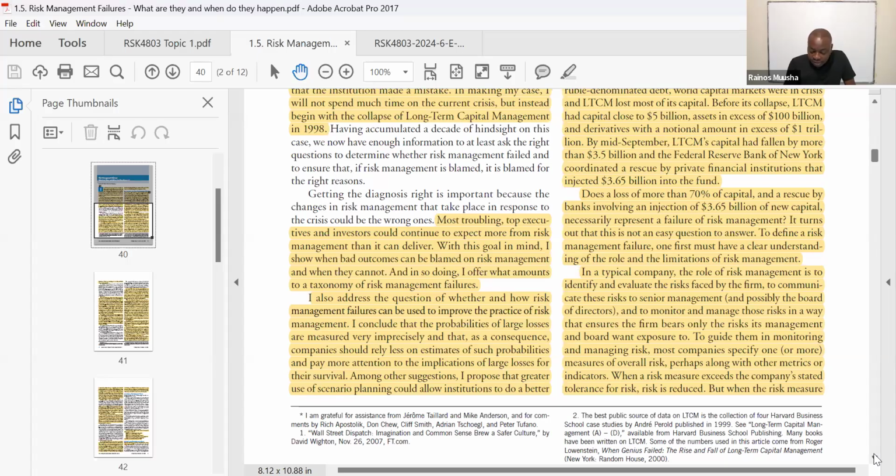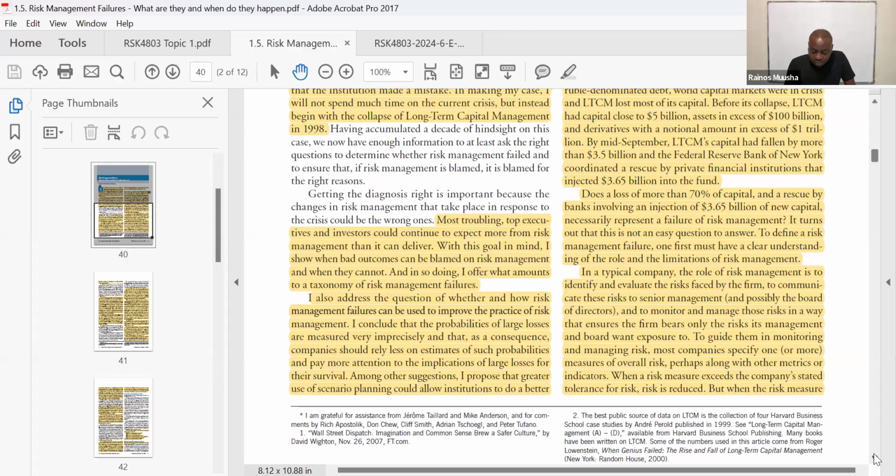With this goal in mind, I show when bad outcomes can be blamed on risk management and when they cannot. And in so doing, I offer what amounts to a taxonomy of risk management failures. I also address the question of whether and how risk management failures can be used to improve the practice of risk management.